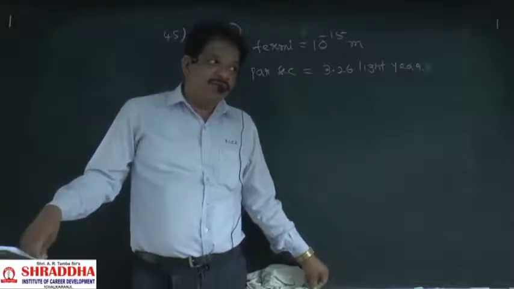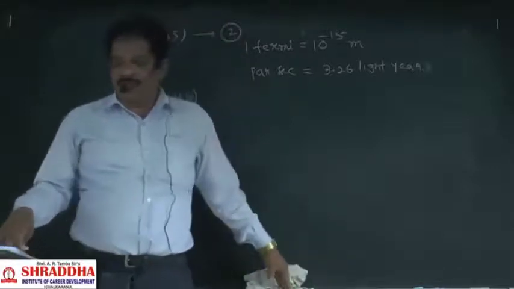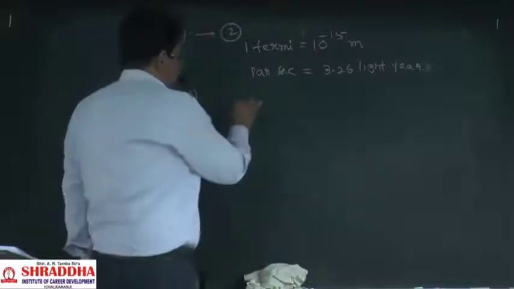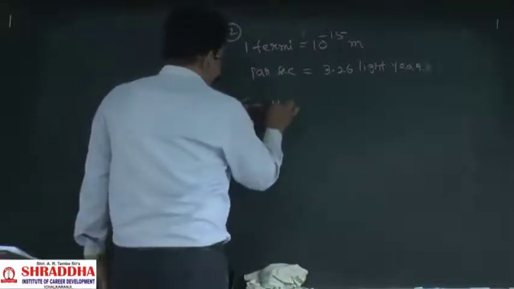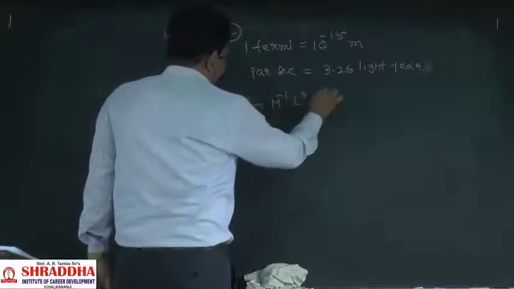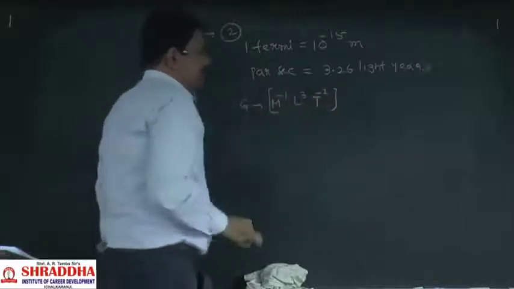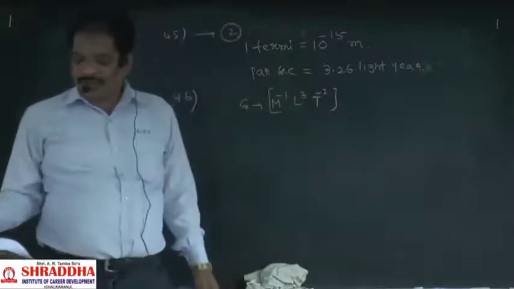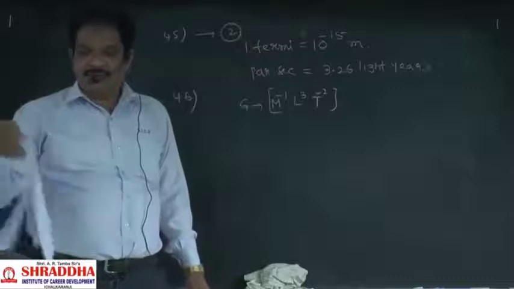Its value is constant but it has dimensions, meaning gravitational constant. Gravitational constant is m power minus 1 L cube T power minus 2. That will be the answer. 46. It will be D.